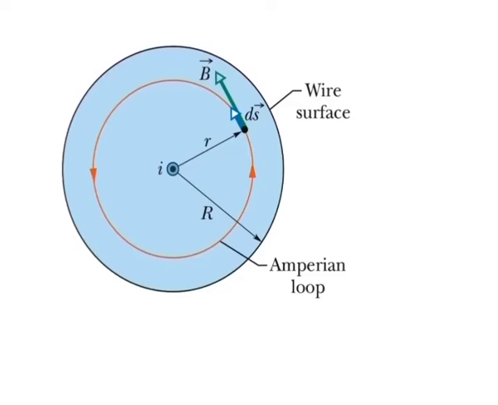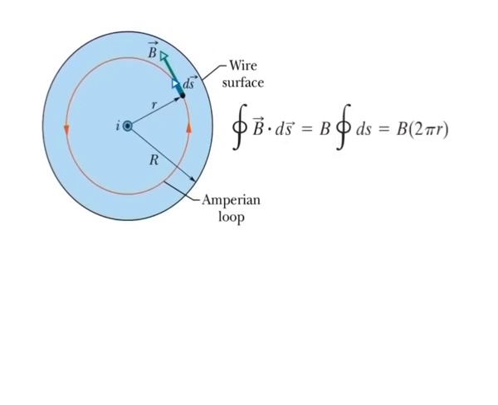Symmetry again suggests that the magnetic field is tangent to the loop. So, the left side of Ampere's law again yields the cyclic integral of B dot ds is equal to B into the cyclic integral of ds, which is equal to B into 2 pi r.